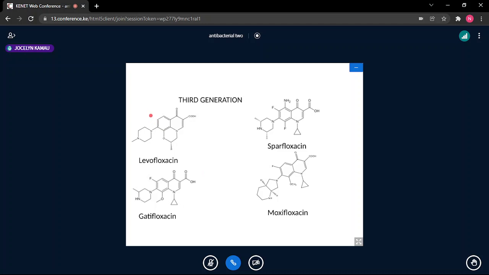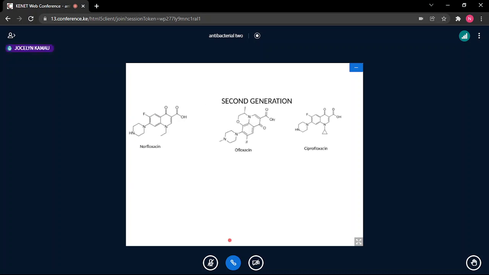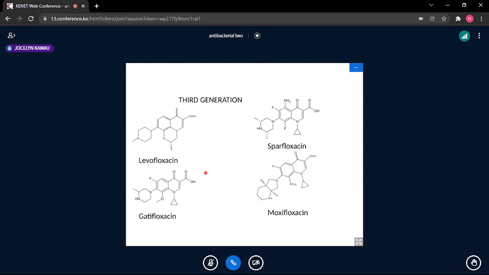There's an omission here of position number 7. There must be a fluoro group at position number 7. Again, now, I hope that is also ofloxacin. We had drawn it the same. Yes, indeed. You can see ofloxacin is not like ciprofloxacin, whereby the piperazine ring is unsubstituted. In ofloxacin, the para nitrogen has been substituted with a methyl group, and that's the same case with levofloxacin.